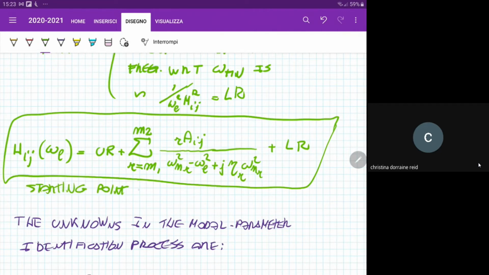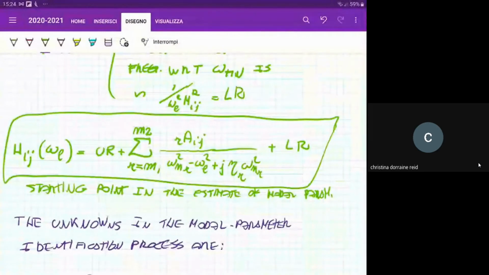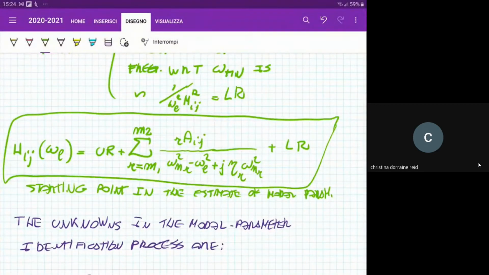In the estimate of model parameters, here we have all the ingredients, the model parameters itself, that is the mode shapes and the modal masses, all in the residual terms. We are having the RAIJ residual terms. Please, we have three indexes.